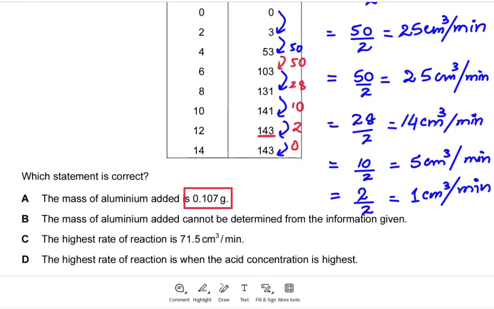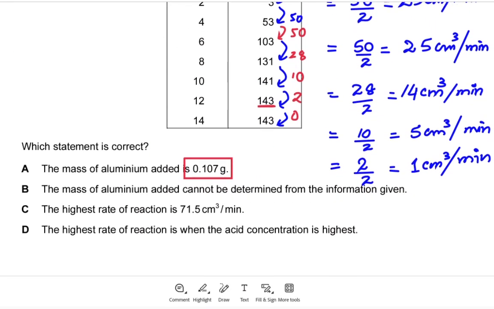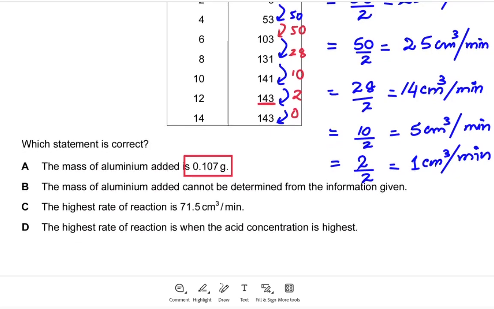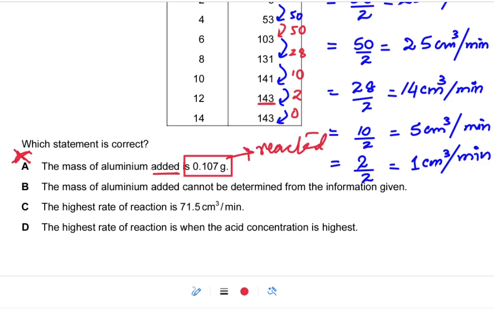So this option is very much wrong. You have to consider it wrong, because this mass is not what was added. This mass is what reacted. The added aluminum is in excess, so that's why this option is wrong.